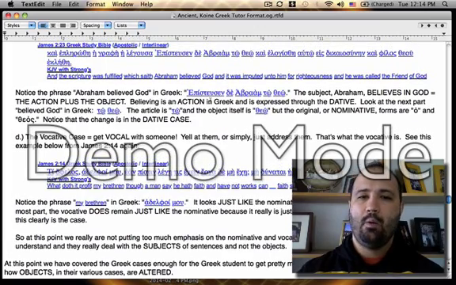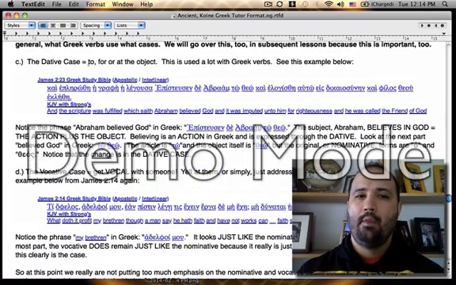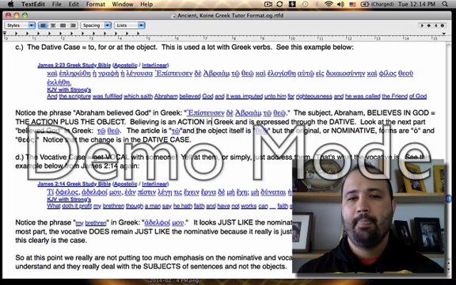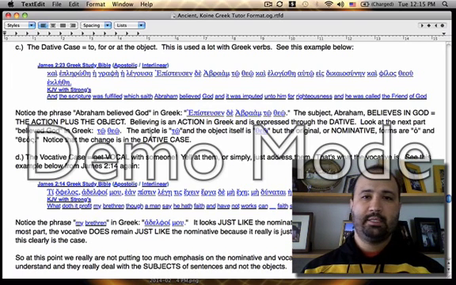Now, notice that the change came about in the dative case, okay, and there are deep reasons for that, but understand how the dative works, what type of verbs it uses. In this case, if it's a verb that is believing in something, okay, it's going to use the dative case when dealing with an object. And we're going to go over more specifically how this works.